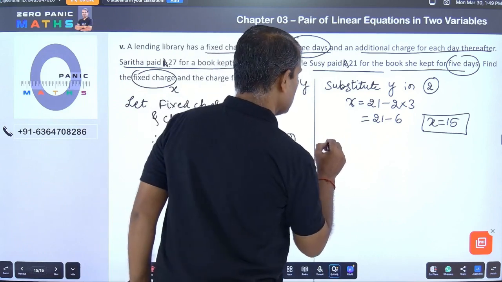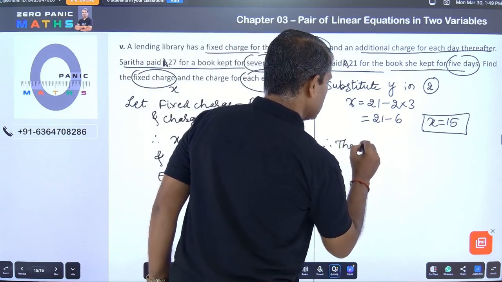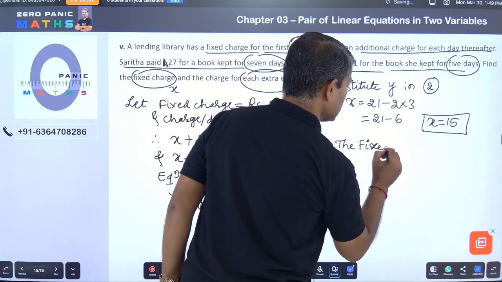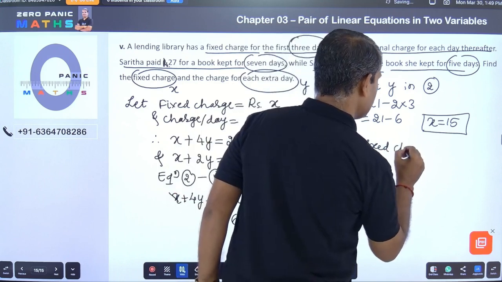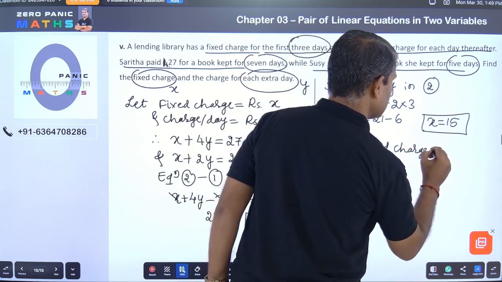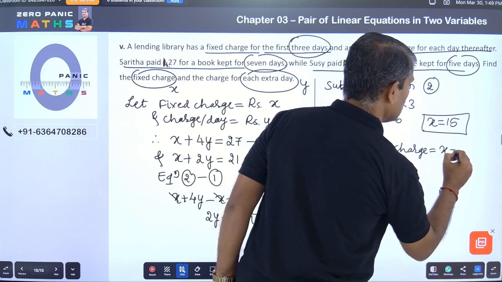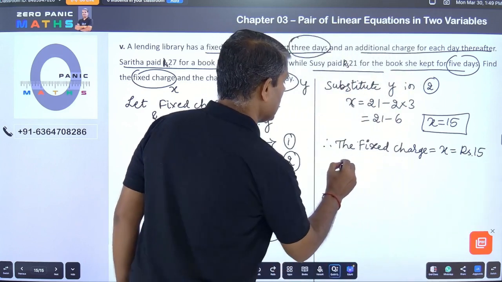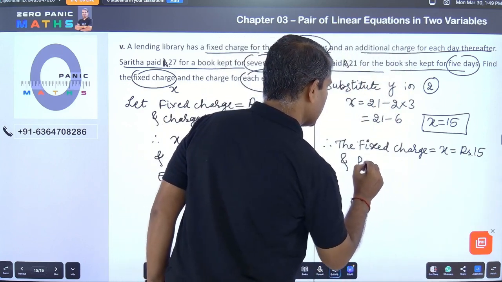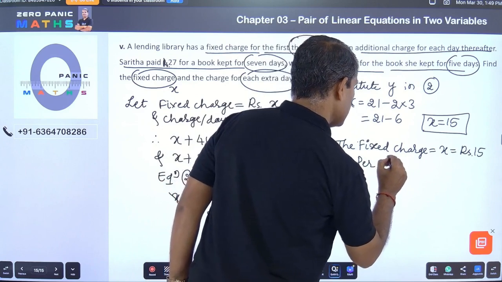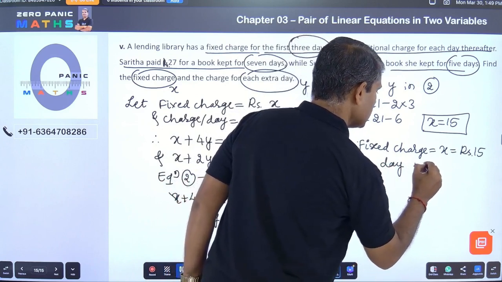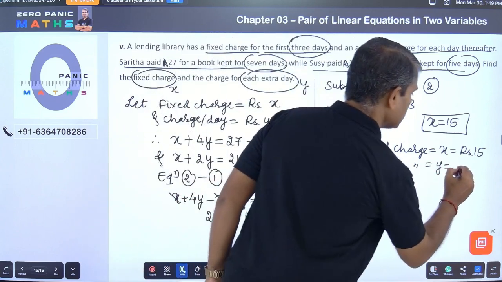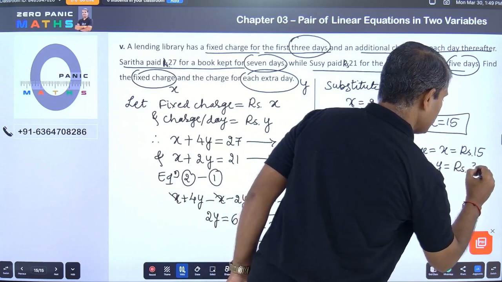So therefore, they are finding the fixed charge and per day charge, right? The fixed charge is x is equal to rupees 15, and the per day charge is y, which is equal to rupees 3.